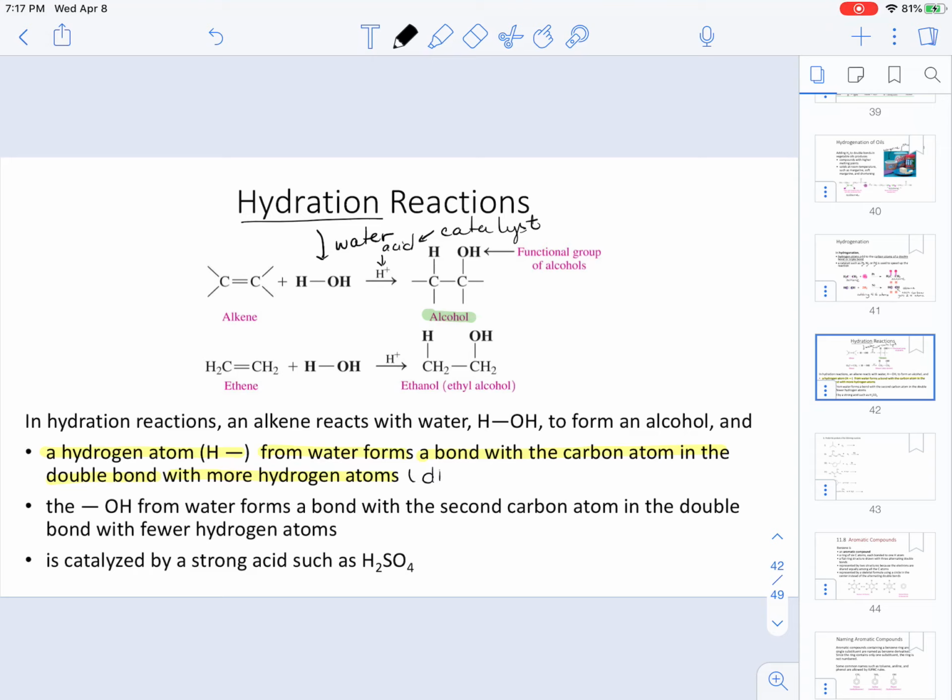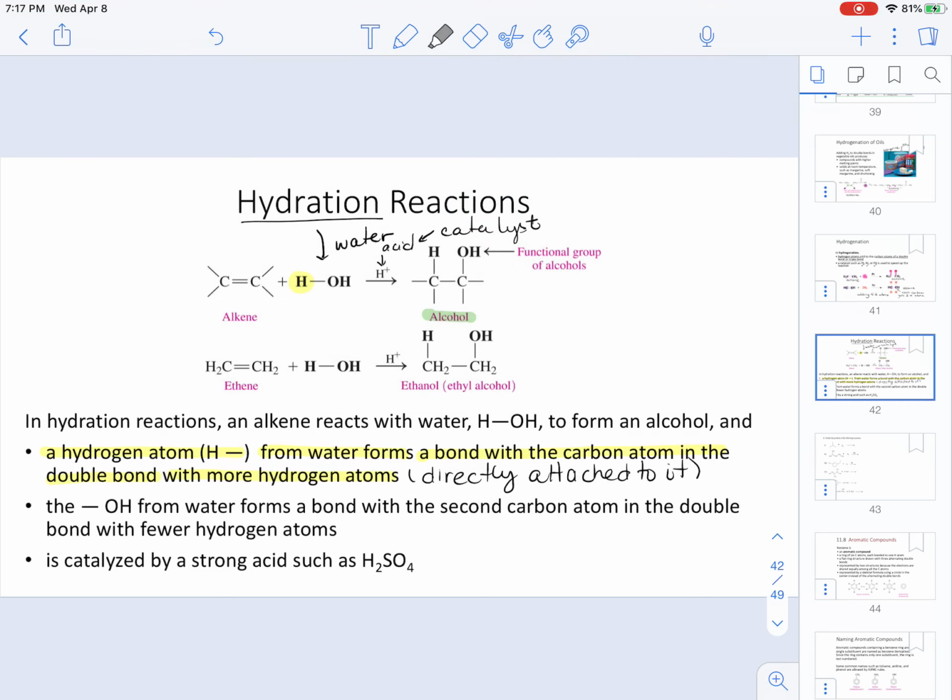And that means that is directly attached to it. And we're going to see that in the examples once we practice predicting the products of the reactions. So remember, the hydrogen atom is going to go to the carbon that is directly attached to the most hydrogen atoms.